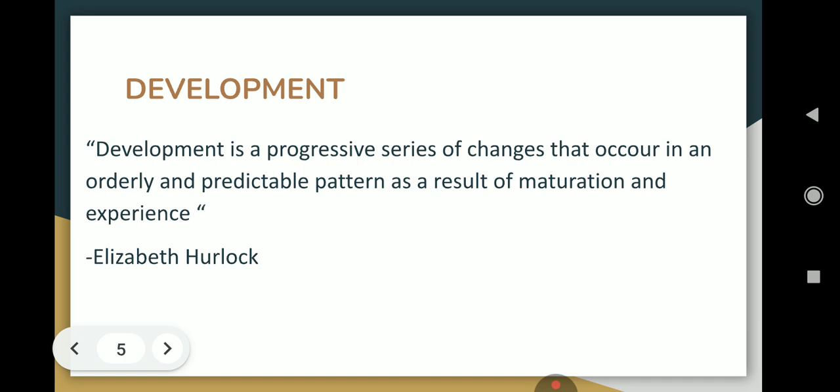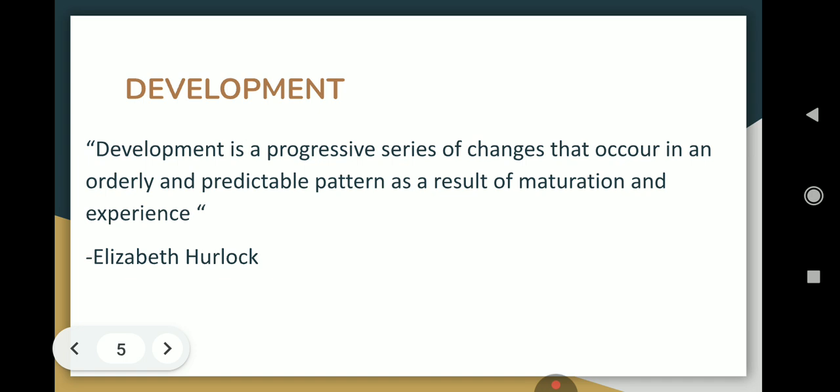For example, once a person reaches childhood from infancy, they do not naturally go back to being an infant. Once they come to childhood, they will never be an infant again. That is what progressive series of changes means.